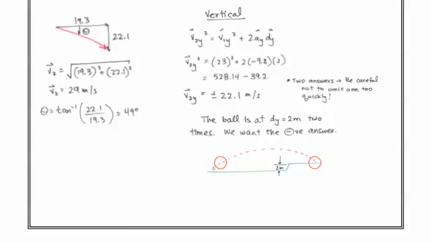And we'll solve for the angle, and of course it's just the inverse tan of 22.1 over 19.3, which is 49 degrees. And so we can report the final velocity as 29 meters per second right, 49 degrees down. You could also have said east, 49 degrees south, and that would have been just fine. And that's it. That's projectile motion.